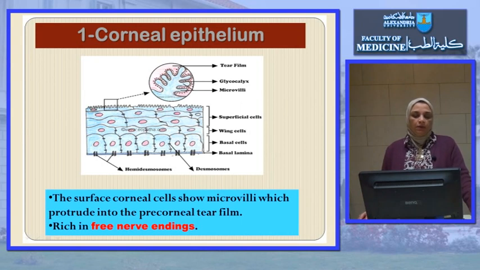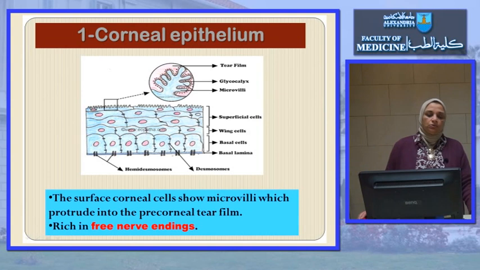There is a film of tears all the time in front of your eye, in front of the cornea, and these tears will be maintained on the surface of the cornea by this microvillus border. So this is a modification in the squamous cells of the superficial layer of the cornea.